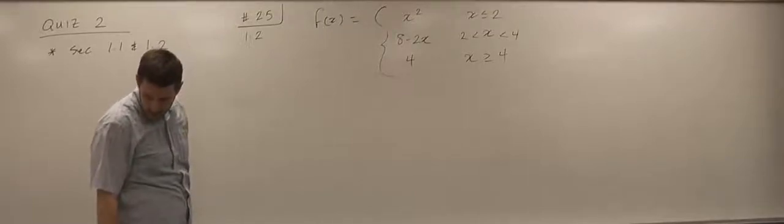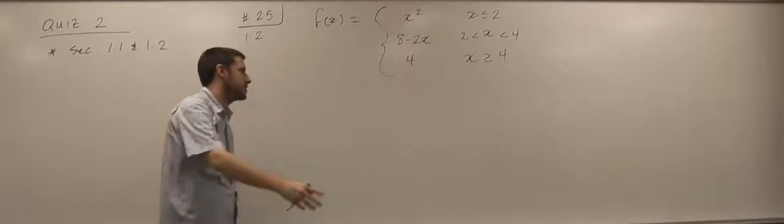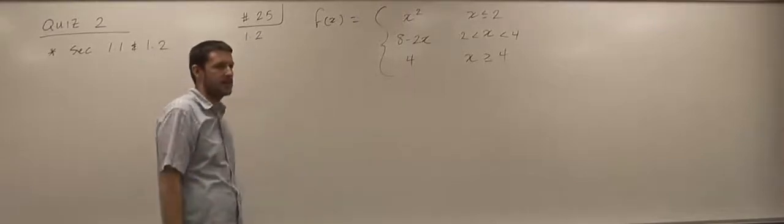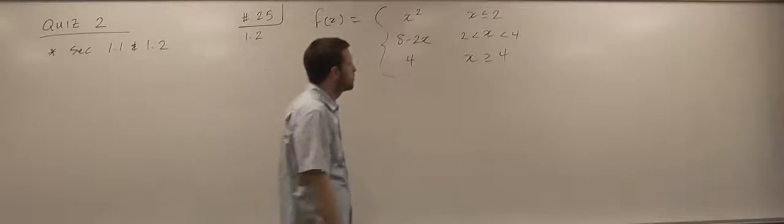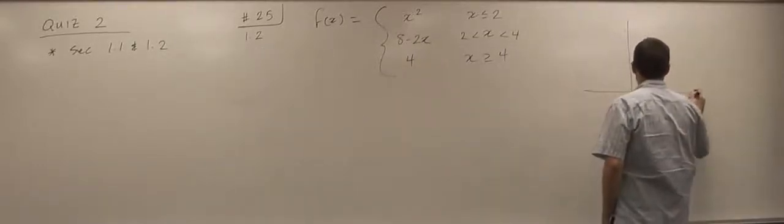And we're supposed to sketch the graph and then identify where the limit exists. So let's start by sketching the graph. How would you graph something like this? Parabola with the left side, and then on the right side go to 4.